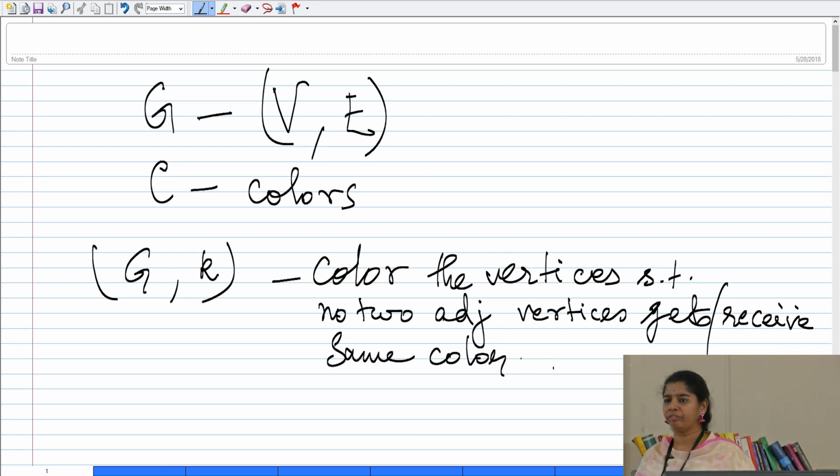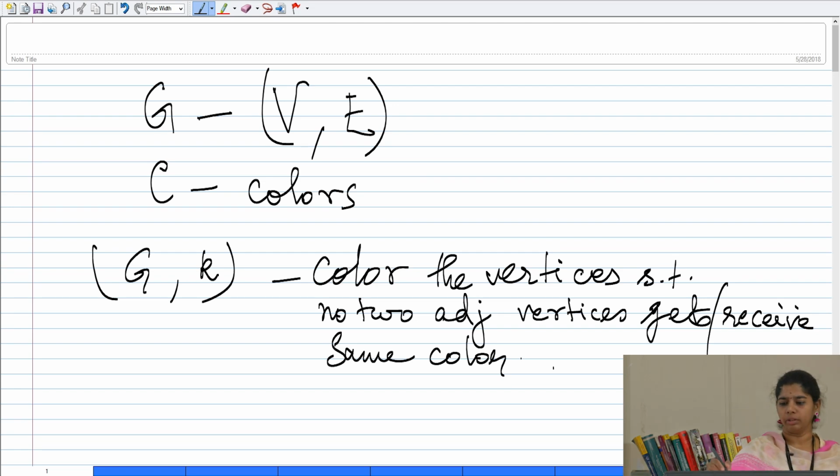So mathematically, if we want to define this, it is nothing but finding a function from the set of vertices to the set of colors. Every vertex you assign a color, so that you map it to a particular color.